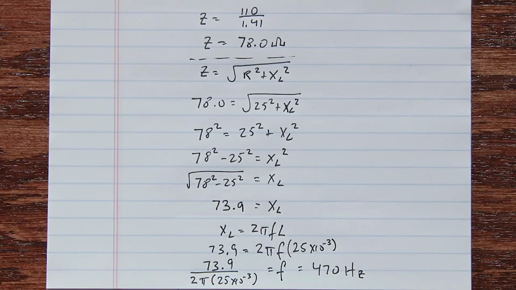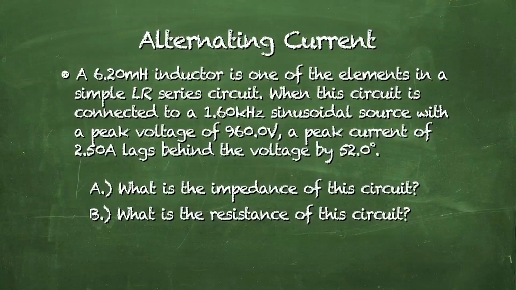Let's work another example. A 6.2 millihenry inductor is one of the elements in a simple LR series circuit. When this circuit is connected to a 1.6 kilohertz sinusoidal source with a peak voltage of 96.0 volts, a peak current of 2.5 amperes lags behind the voltage by 52 degrees.